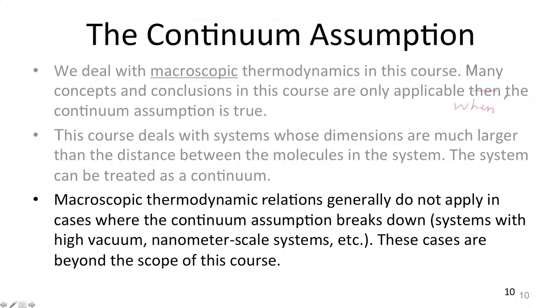Now, the principles, relations, and concepts we use in this course are generally not applicable in cases where the continuum assumption breaks down. You probably have heard of nanotechnology, microelectromechanical systems, etc. These are systems in which the system's dimensions are comparable to the size of the molecule or the distance between the molecules.